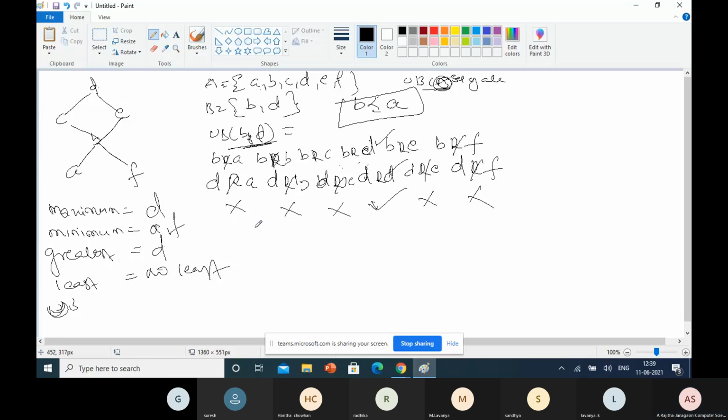So the upper bound is only D. Then what is the least upper bound? Here only one element is there, that is D. Upper bound is also D.